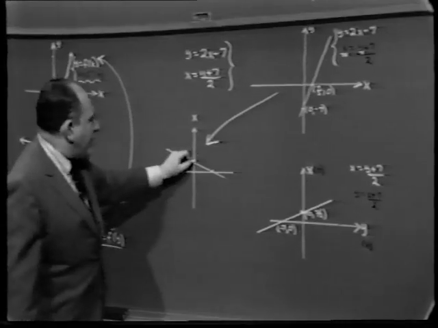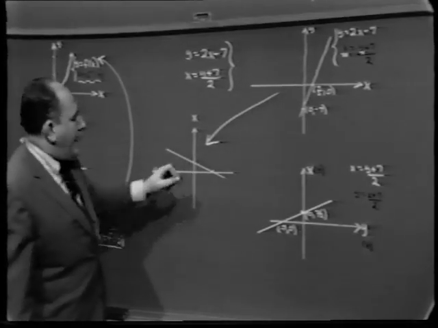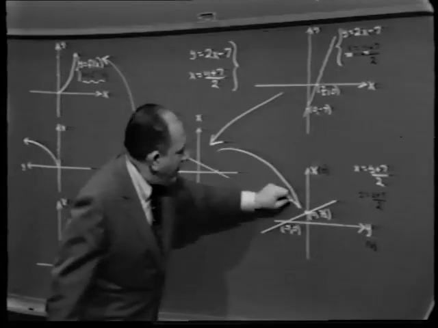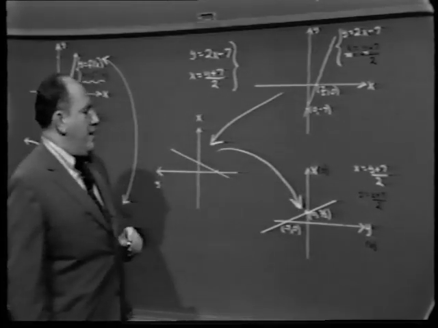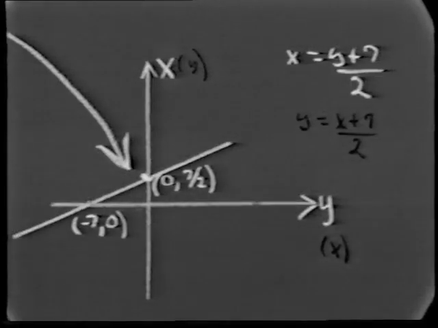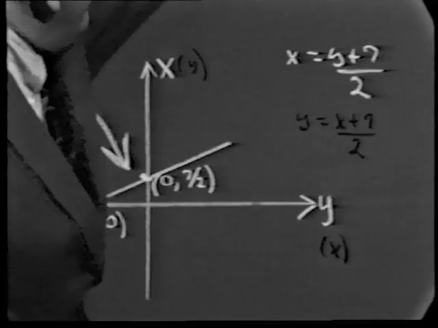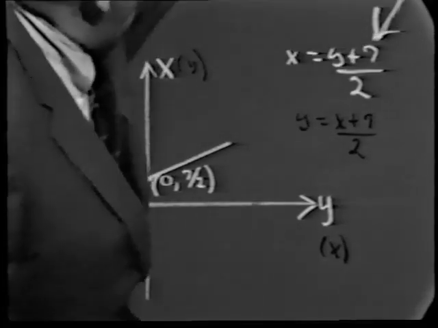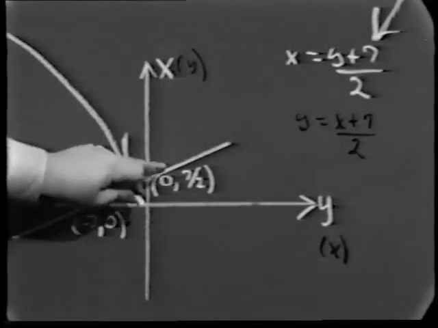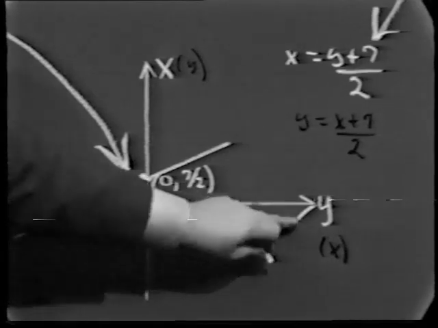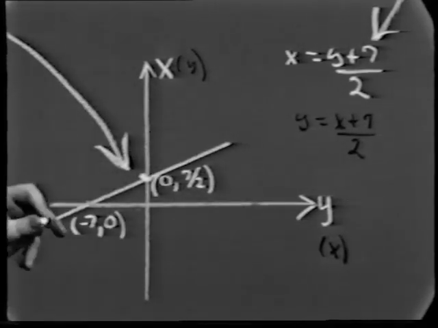I now take this and I flip it with respect to the x-axis, and that gives me this picture here. You see, now what is this line here? It's x equals y plus 7 over 2. Again, this is the same equation as this one. The reason that the pictures look differently is the fact that we have changed the orientation of the axis.